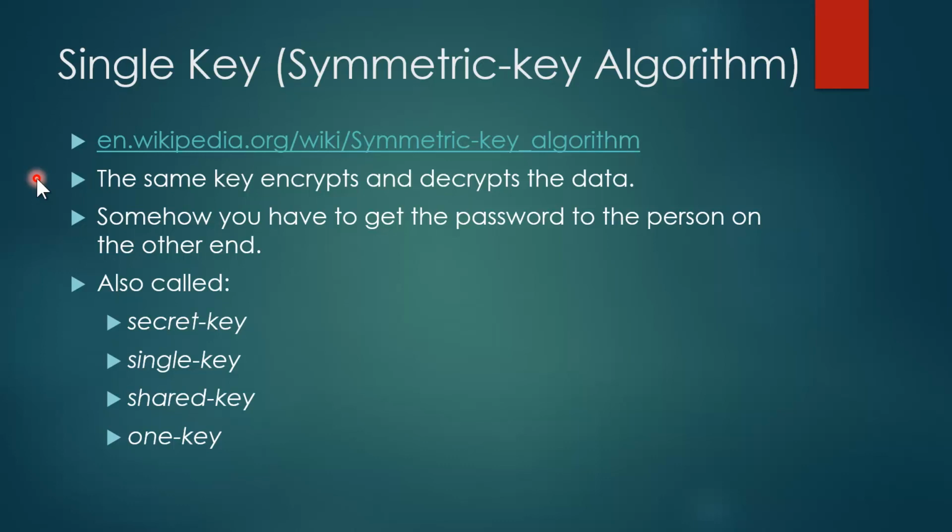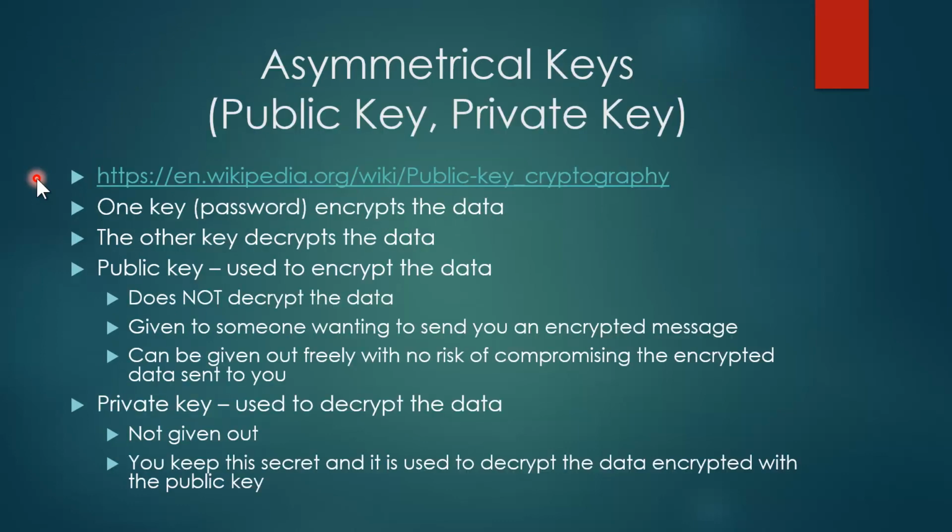For those situations, we typically use asymmetrical keys, which is commonly known as public key, private key. So the way this works is you have one key that encrypts the data, and the only way you can decrypt the data is with another key. So you can freely give out the public key.